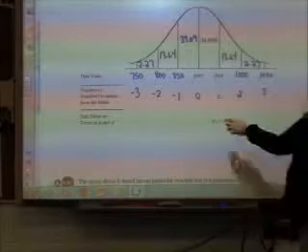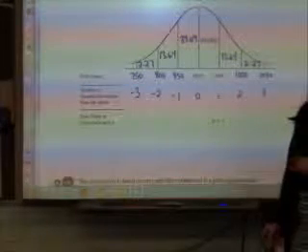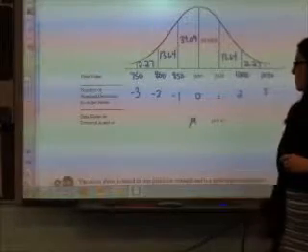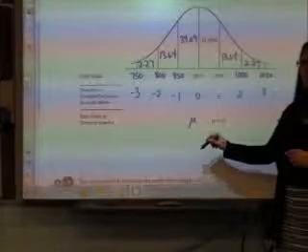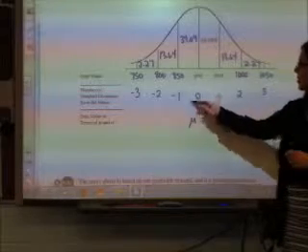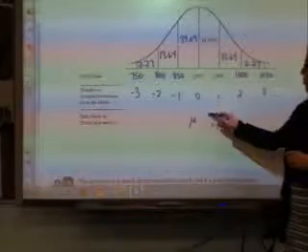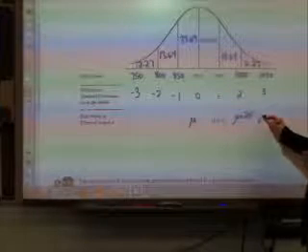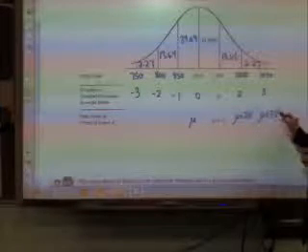In terms of using the symbols, mu and sigma, there's mu. There's mu plus 1 standard deviation, plus 2, plus 3.